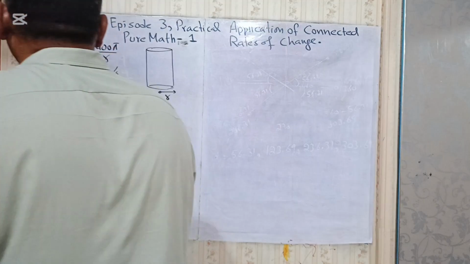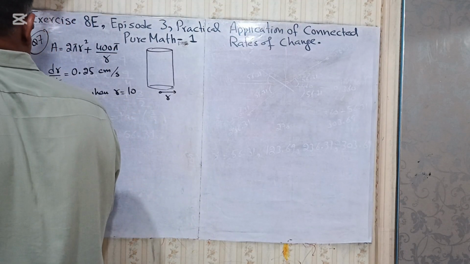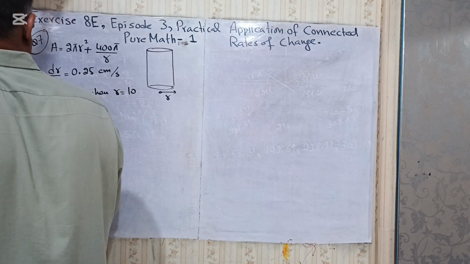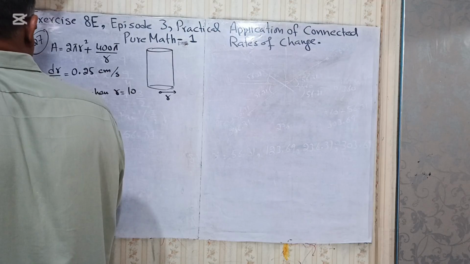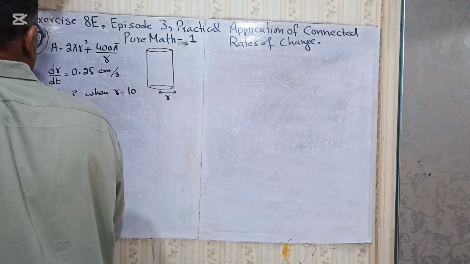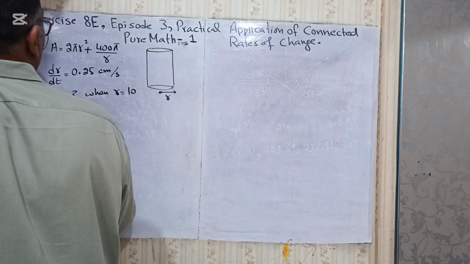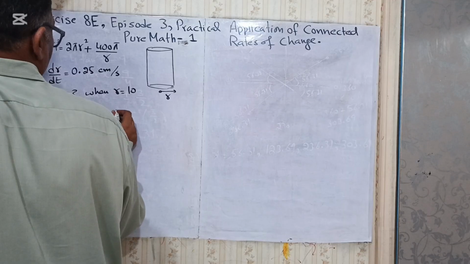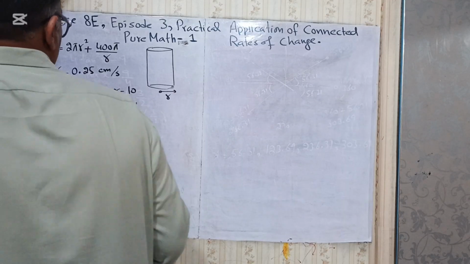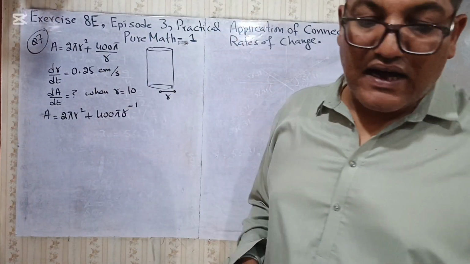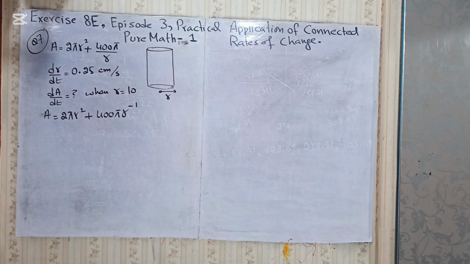First of all, let me write the area is equal to 2 pi r square plus 400 pi and r raised to power minus 1. So I brought this r upstairs. So now this is in the friendly form. Now I can differentiate it with respect to r.